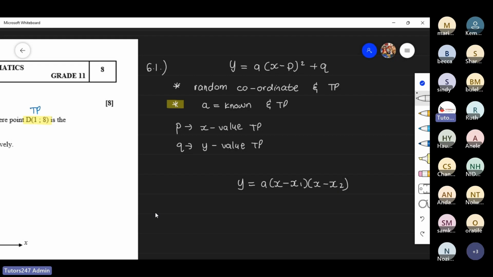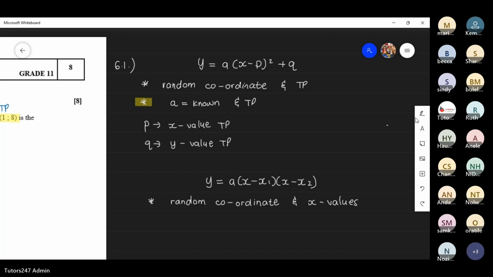Now, a requirement of using this particular form is a random coordinate needs to be known, and you need to have the x values of your x-intercept.